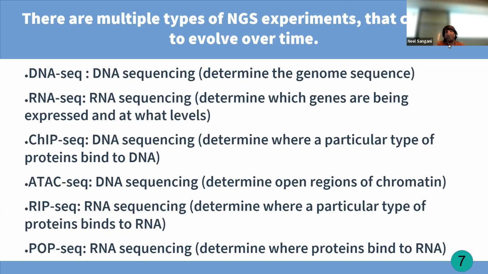And then a relatively new technique that was created here at IUPUI is POP-seq, which is a type of RNA sequencing that tries to determine, on a global, transcriptomic level, where all the places are that proteins bind to RNA. Where RIP-seq is one particular protein or family of proteins with very similar structure, POP-seq is everywhere. It's all of them.